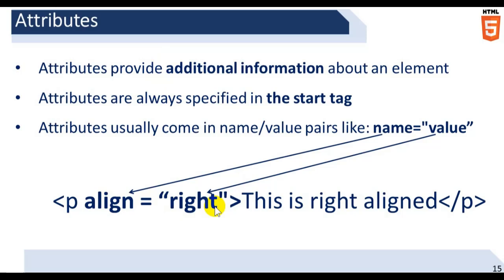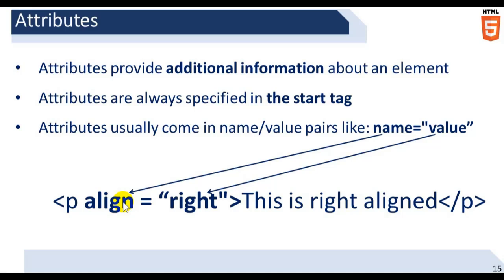Local attribute means it is limited only to some particular tag. For example, if you consider this align attribute, it is limited only to the paragraph tag. It doesn't work inside any other tag, right? If you go for global attributes, title is a global attribute which works inside all the tags.